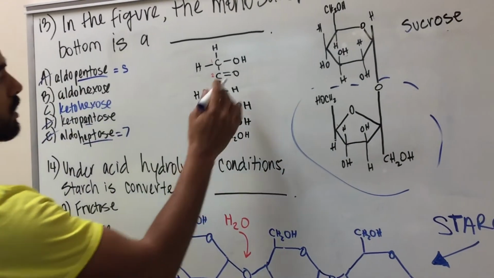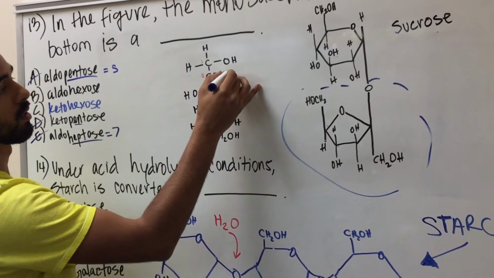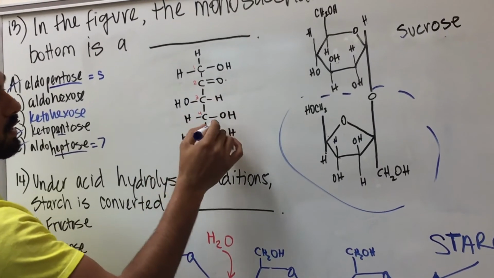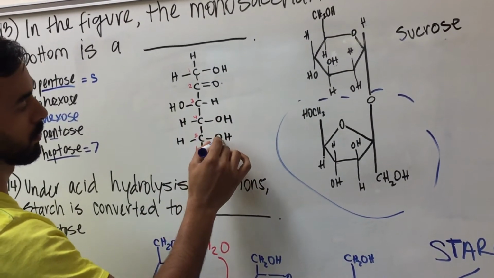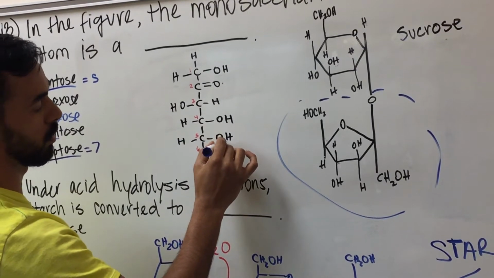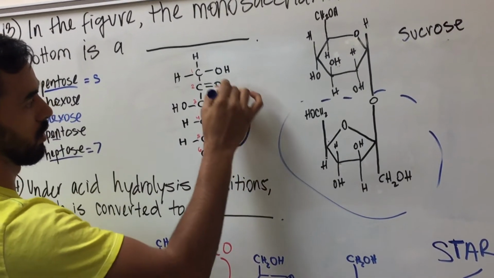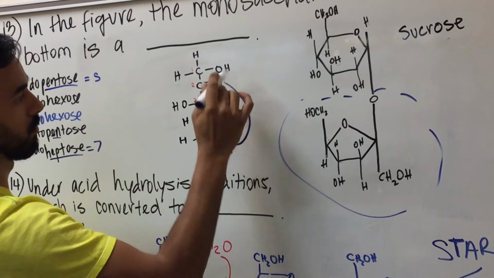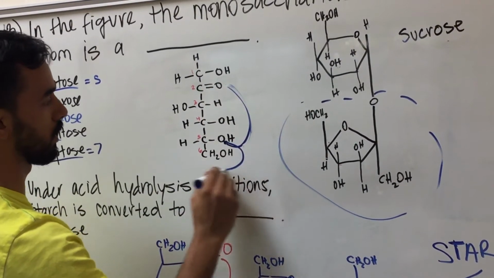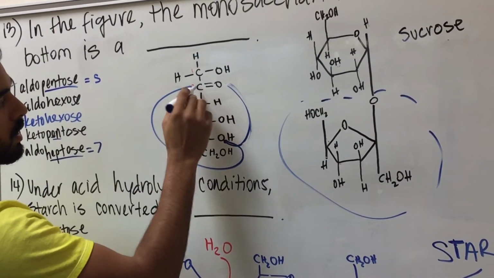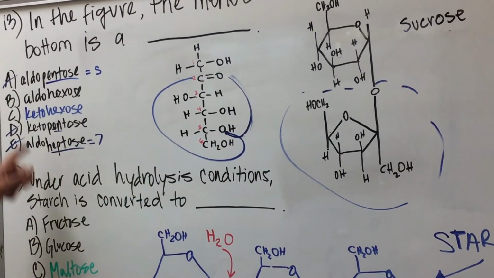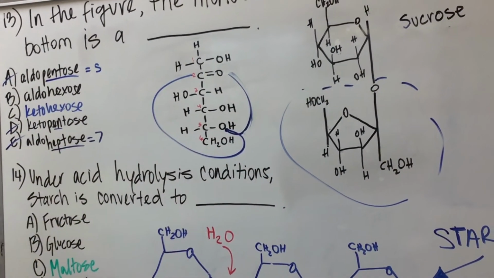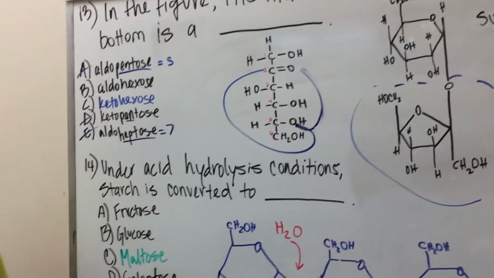Because see here, here's how the ketose looks. So what it does is it actually attaches to this one right here, this hydrogen. So it'll actually go like this, if that makes sense. Ooh, sorry, go back this way. It actually goes like this. See that? So the C attaches to this O, then attaches to this O as well. So that's how a ketose is formed, and that's why number 13 is C, ketohexose.